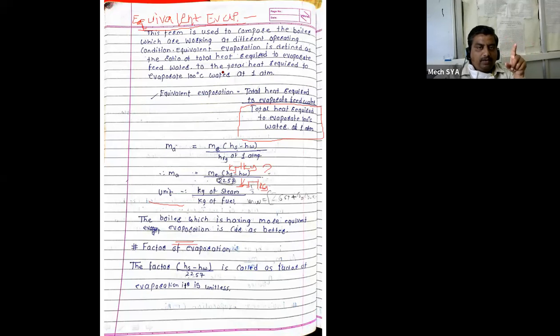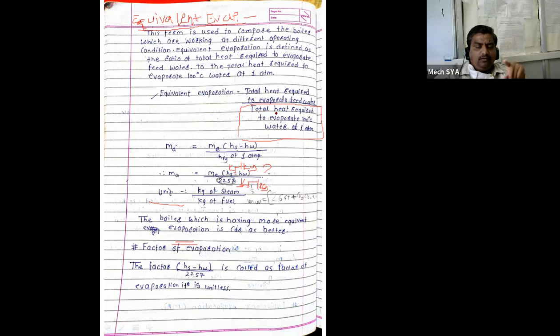Again, I repeat, the term equivalent evaporation is used to compare two boilers working at different operating conditions. These different operating conditions may be pressure or steam temperature. Hence it is defined as the ratio of the total heat required to evaporate feed water to the total heat required to evaporate 100 degrees Celsius water at 1 atmosphere.